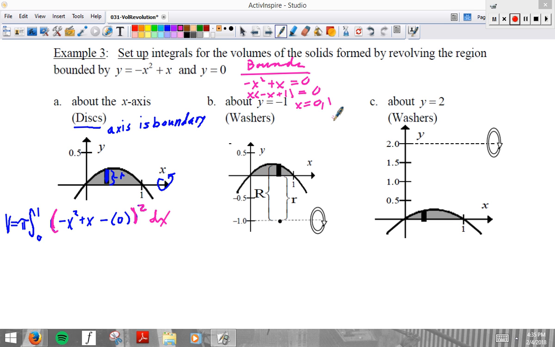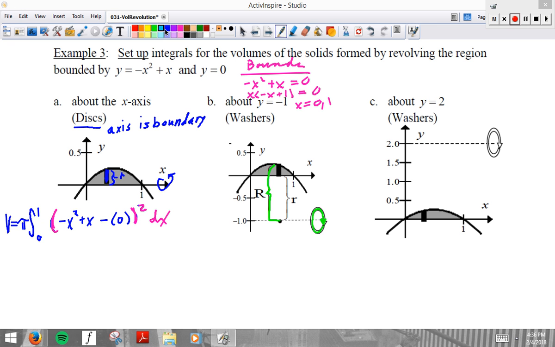Now here, guiding you, this tells you the big radius. So we're going from the axis of revolution down here, my y equals 1. We're starting from the axis and we're going to the further bound, the farther bound, the farthest curve, the farthest part of my region.